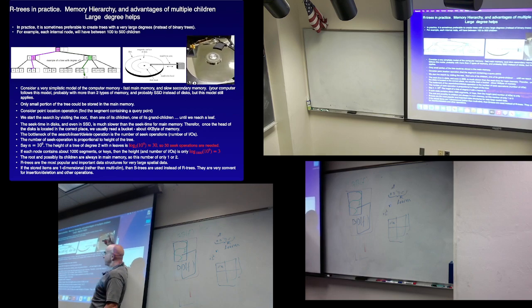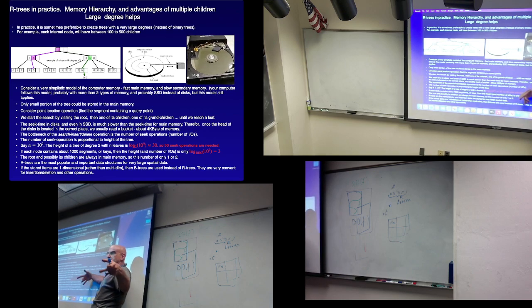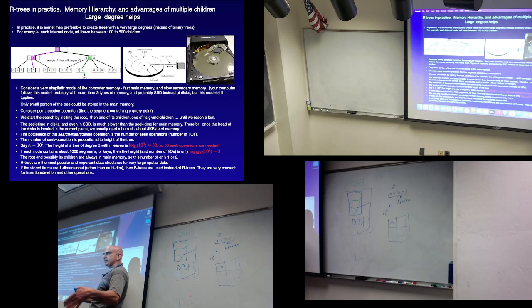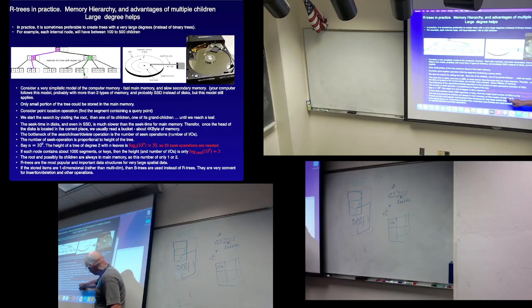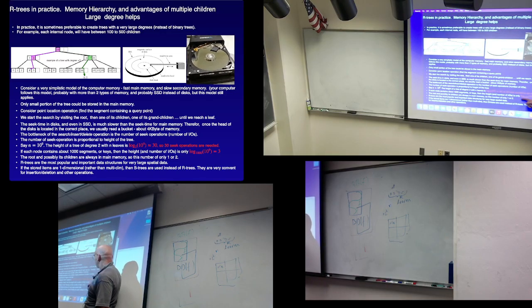But an IO brings a lot of data, so a node can be large, can contain more than just two children, can contain the addresses of many children. So if instead I store 100 or 1,000 segments per node, then what is log to the base 1,000 of 10 to the 9?